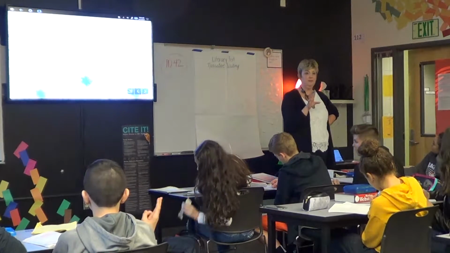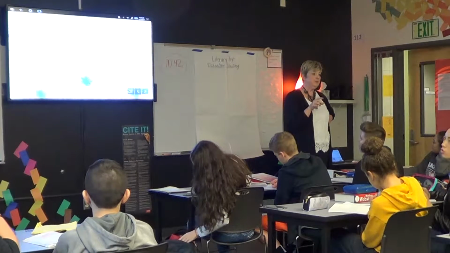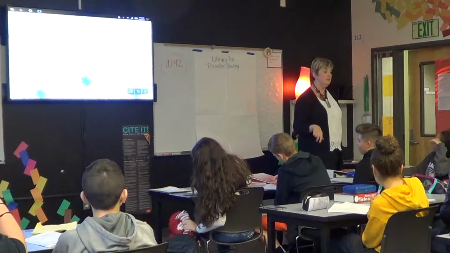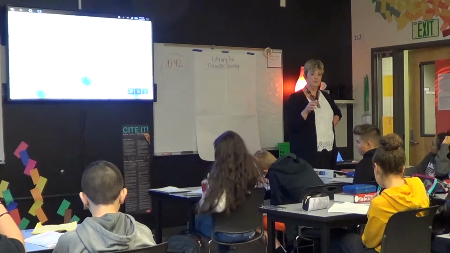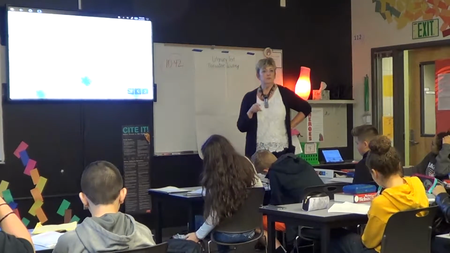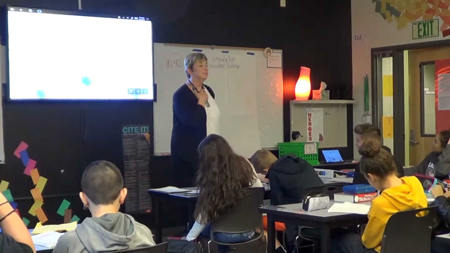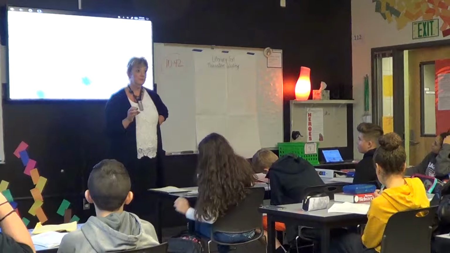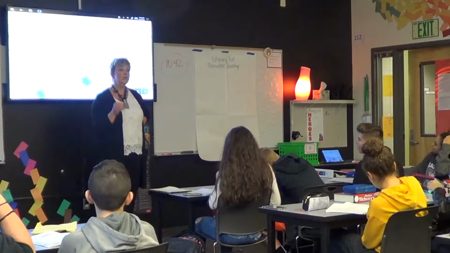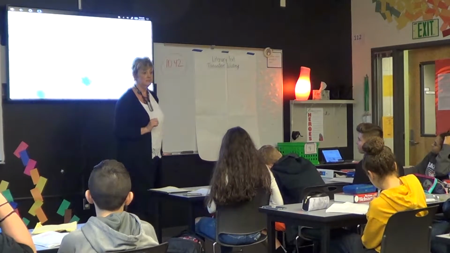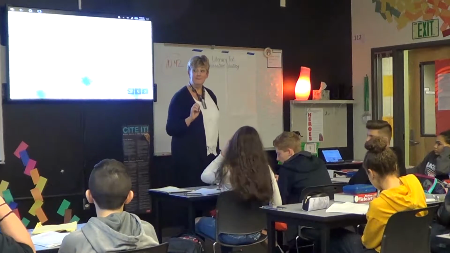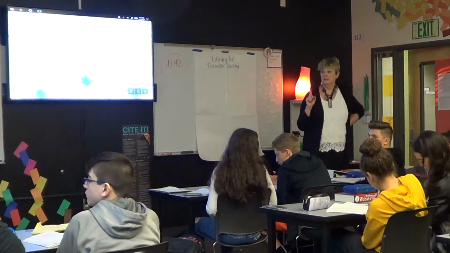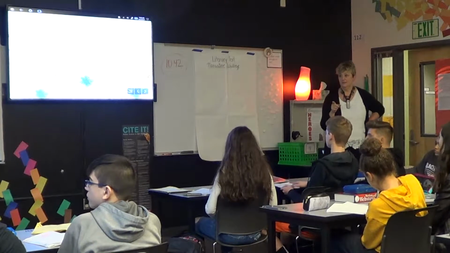Okay, now someone in third period, the very first person who talked about protagonists and antagonists, which should definitely be on your literary elements as characters, said the protagonist and antagonist are the good guy and the bad guy. And I'm like, oh, we have to step back and adjust that. What do you guys know about protagonists and antagonists? Noah? It's not necessarily good guy and bad guy, it's more like the main character and the opposition to the main character.